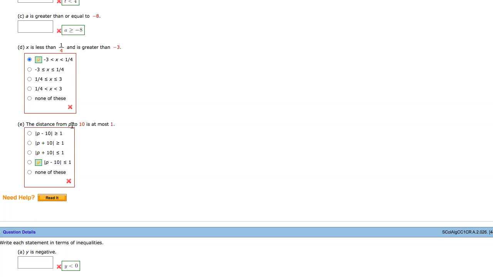Imagine if it's two-dimensional, you could be on a circle of radius 1 around 10. But anyway, the absolute value of P minus 10 has to be less than or equal to 1.